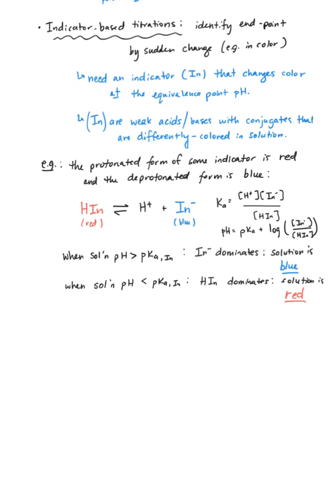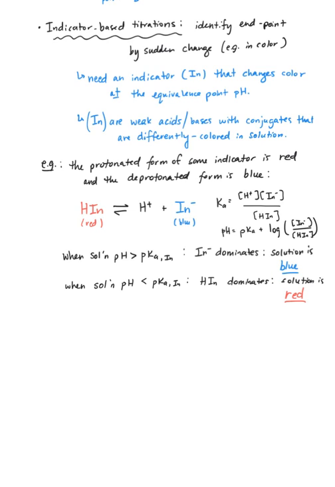So, here once again, at low pH, when pH is less than the pKa of our indicator, the fully protonated form of our indicator dominates, which is red colored. When the solution's pH is greater than the pKa of the indicator, then the deprotonated form dominates, which is blue for this indicator.